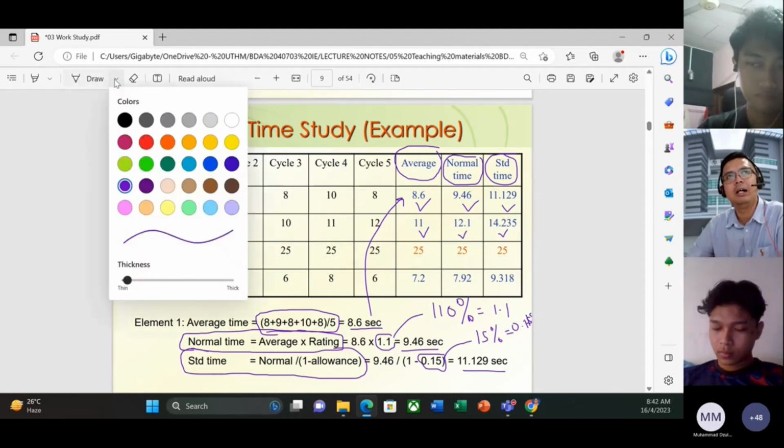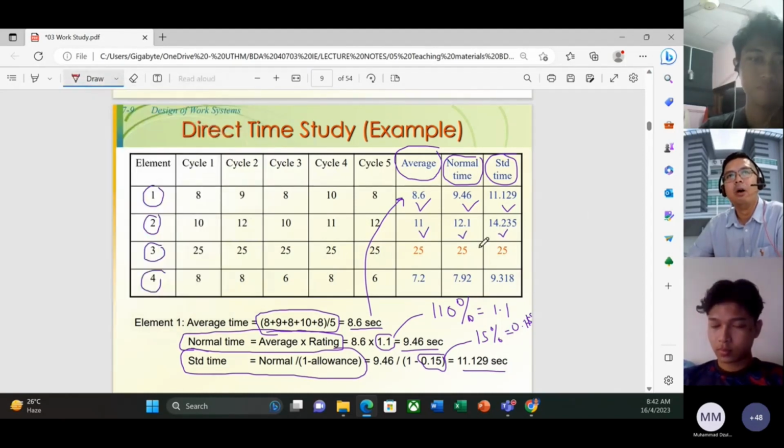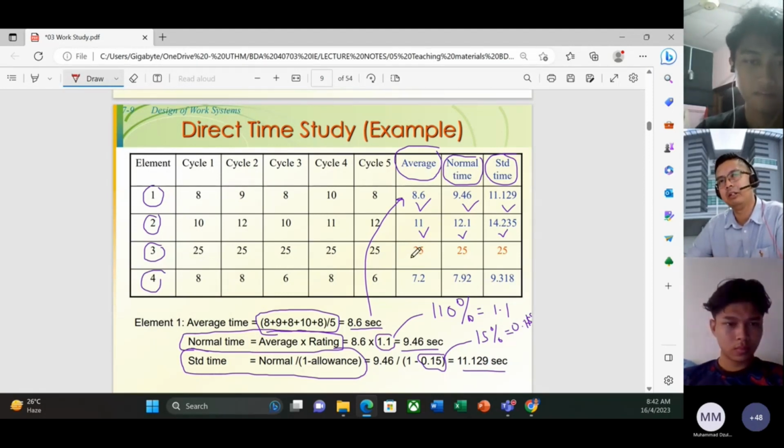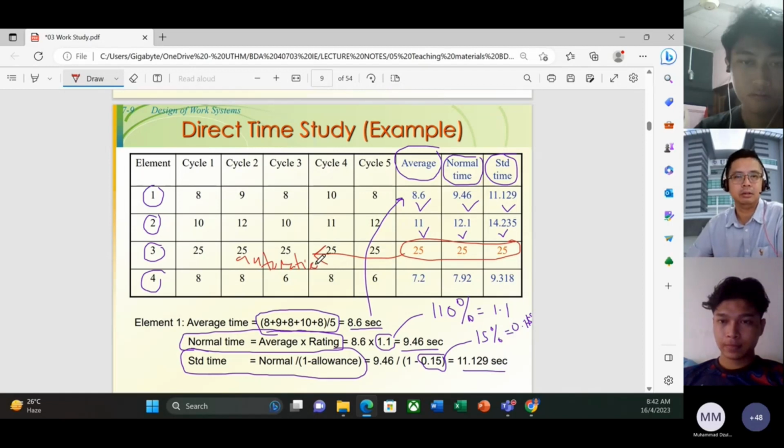But be careful. How do we calculate number 3? Why is number 3 the same number, 25? Due to what? Please remember, as I mentioned earlier, it is driven automatically by a machine, or driven by anything automatically, not human.